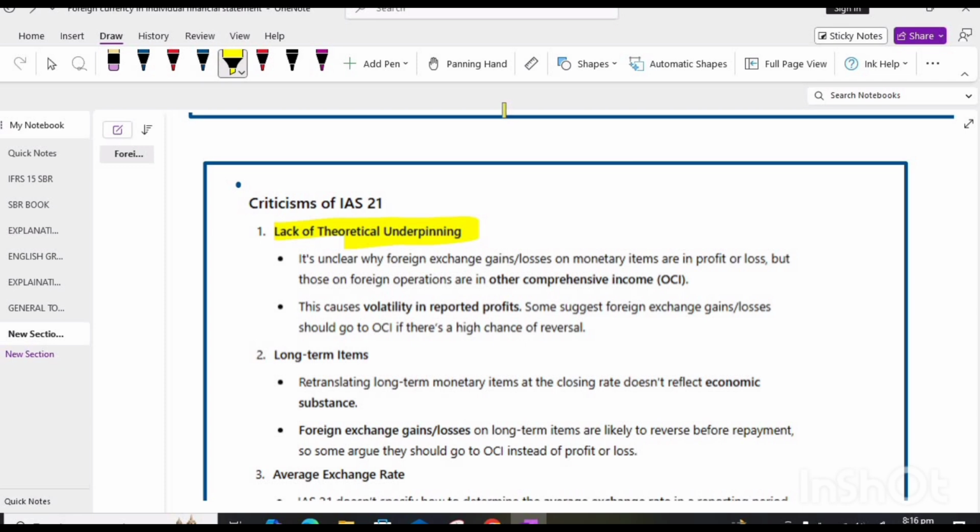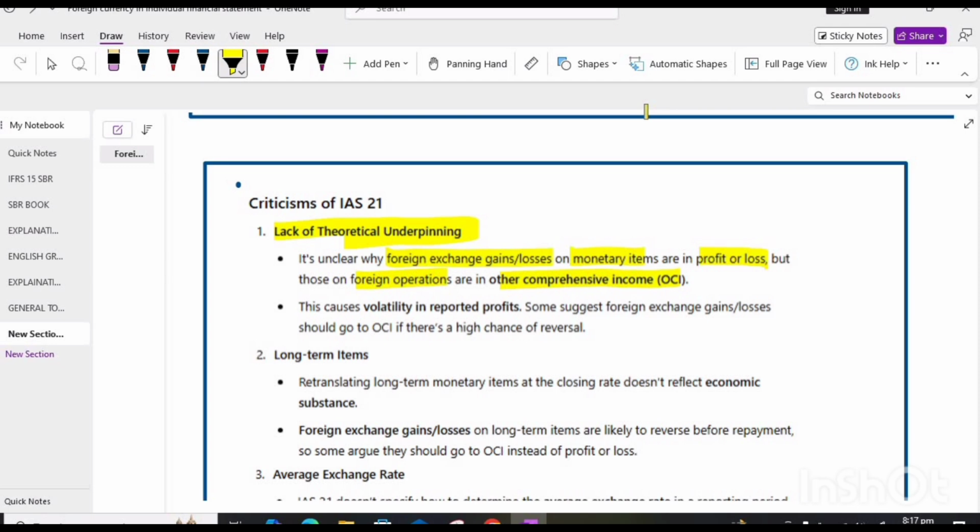It means that it's unclear why foreign exchange gains or losses on monetary items are in profit or loss, but those on foreign operations are in other comprehensive income. Okay, so it says that this is not clear: why they are charging the monetary item gain or loss to profit and loss, and that of the foreign operation to other comprehensive income.